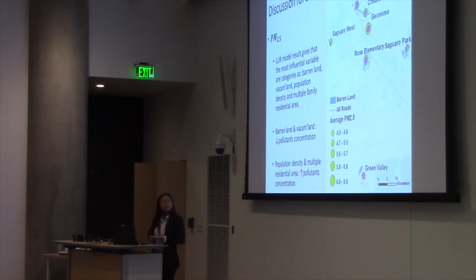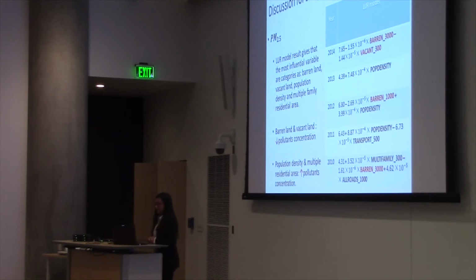The land use regression result for PM2.5 shows that the most influential variable changes every year, and they are categorized as barrier land, vacant land, population density, and multiple family residential area. Barrier land and vacant land have an inverse relationship with pollutant concentration. On the contrary, population density and multiple family residential area increase pollutant concentration.